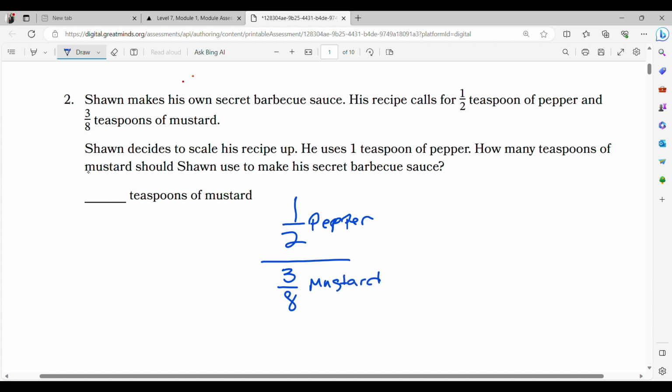So now we want to get that 1/2 to a whole. 1 teaspoon of pepper. Alright, so the question becomes, a half times what number will give us 1?